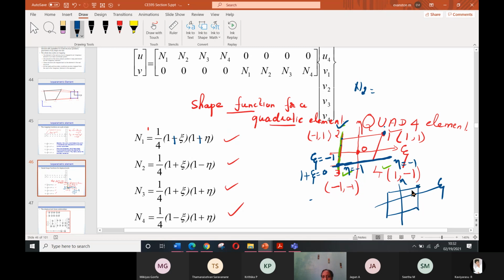So I have to cover 1, 4 and 3. This is 2. So what is the equation of this line? If I take the equation of this line and this line, then it will cover. So here N2 is equal to 1, and all the other things will be covered.